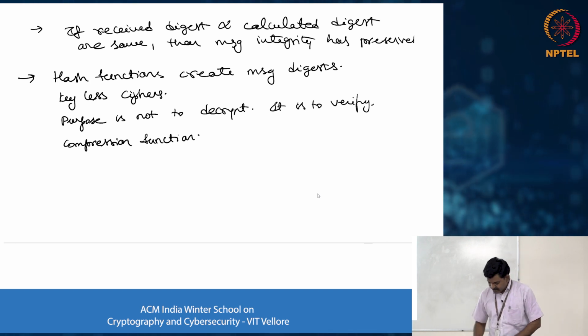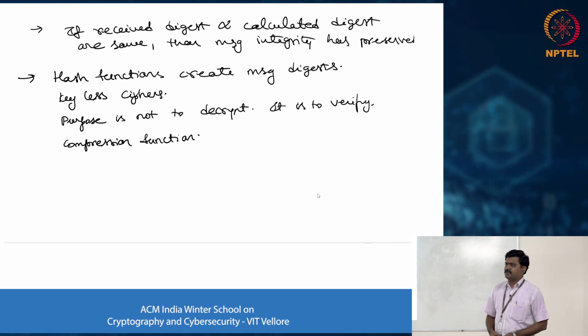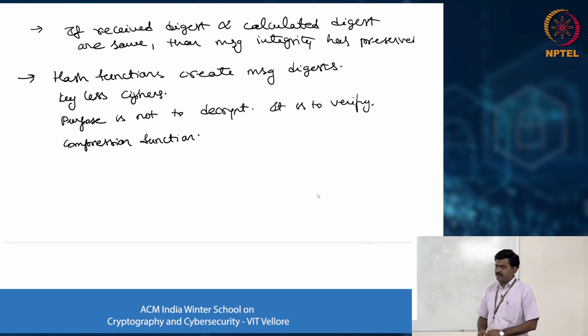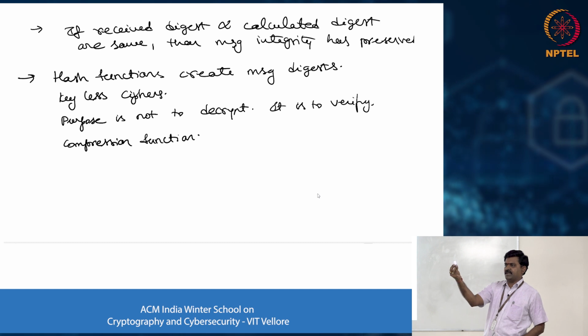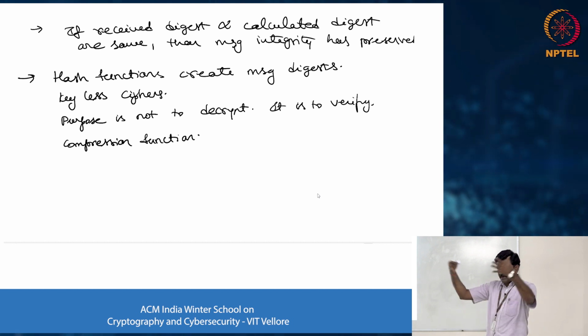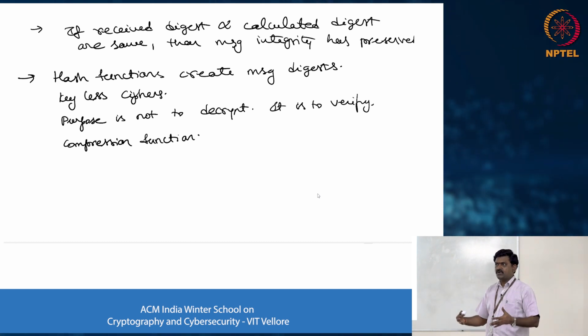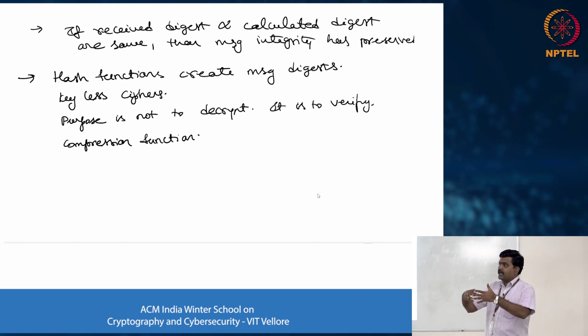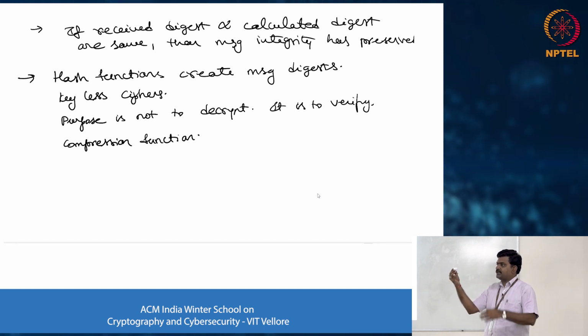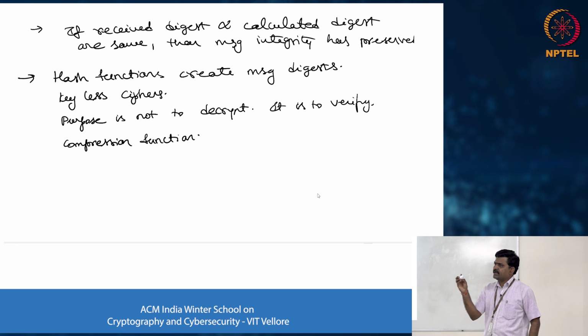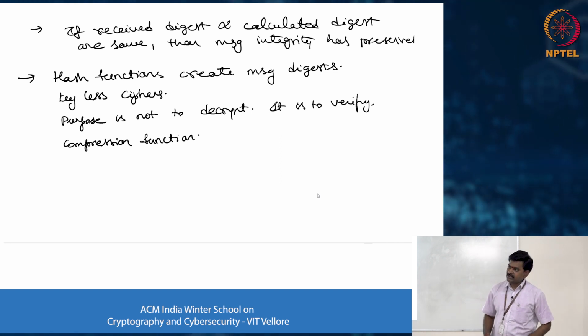My original message is an entire page, and when I have crunched it, this is a very small digest. So I have taken a lengthy message and converted it to a small digest. It is an act of compression, so that's why you also call it a compression function.